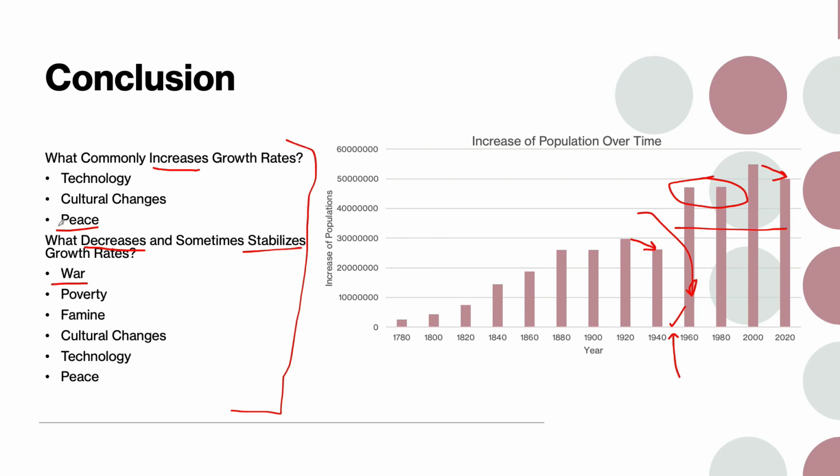Technology, cultural changes, peace, war, poverty, famine, cultural changes, technology, and peace again. All of these affect the population, and it seems to always be in combination with one another that they cause, ultimately, that increase in population growth, but also those stabling out points.